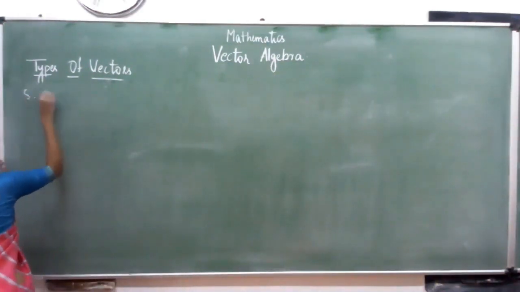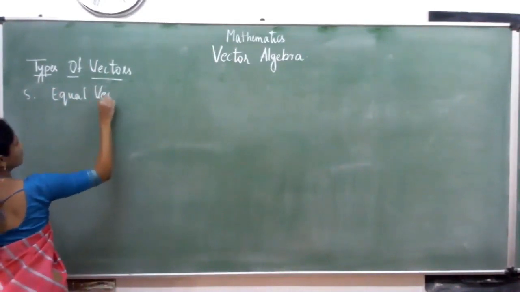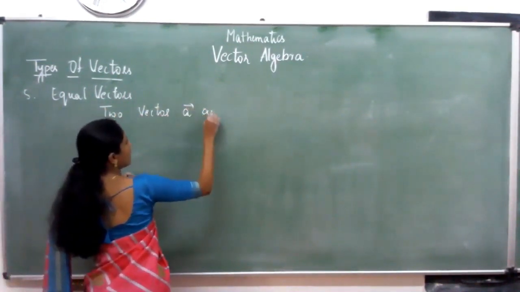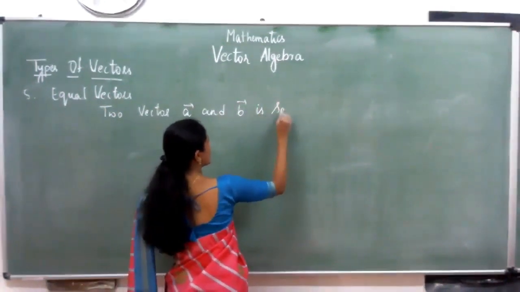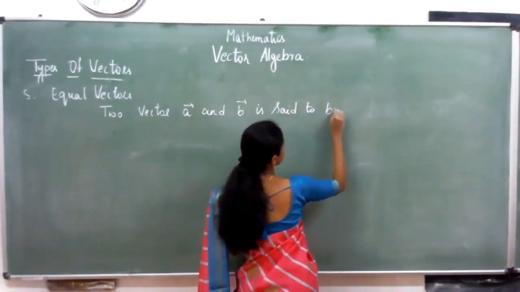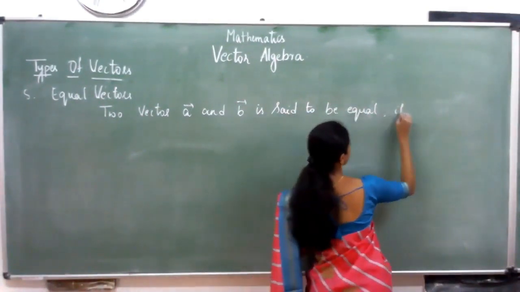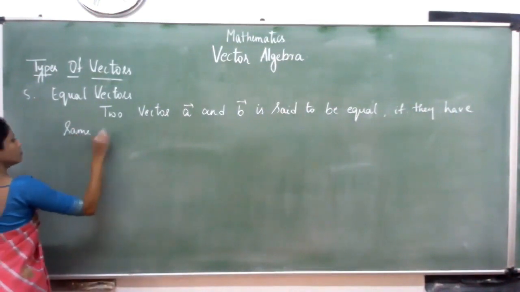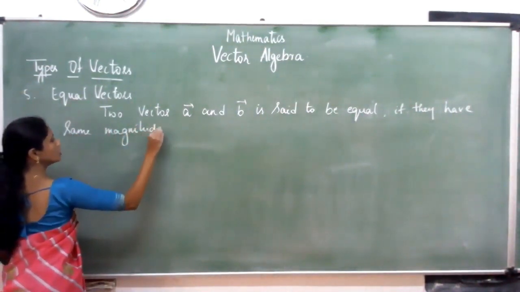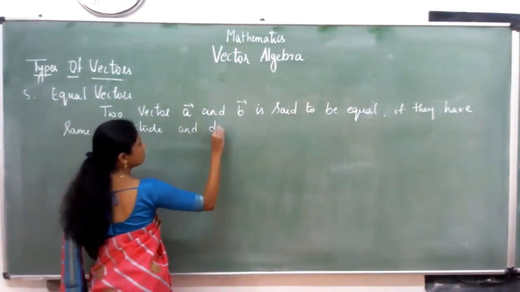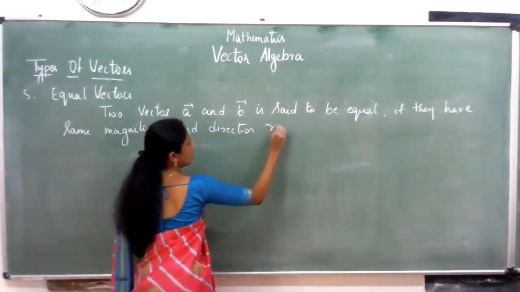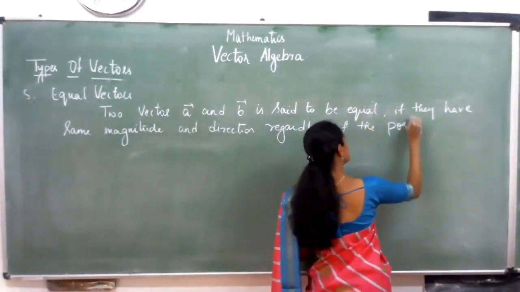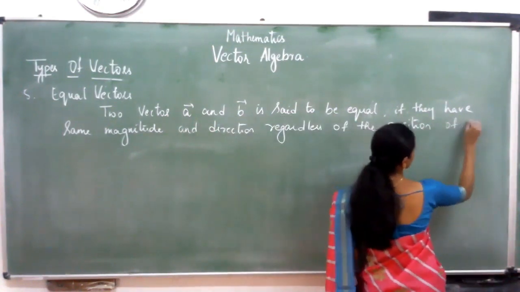Next type of vector is equal vectors. Two vectors, vector A and vector B, are said to be equal if they have the same magnitude and direction, regardless of the position of their initial point.